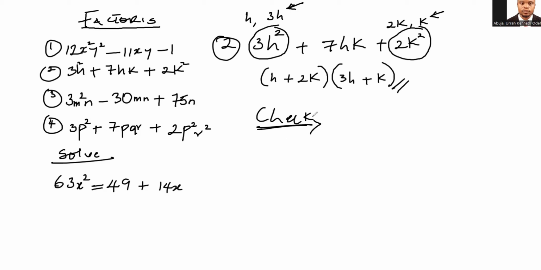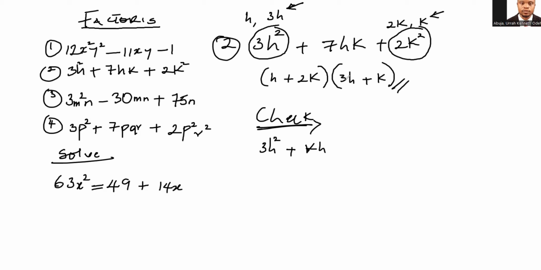So how do we check? We just multiply this term by this term, and this gives us what? h multiplied by 3h gives us 3h squared. You can see all the signs are just addition, so there's no need of stressing ourselves. Now h again multiplied by k gives us kh.